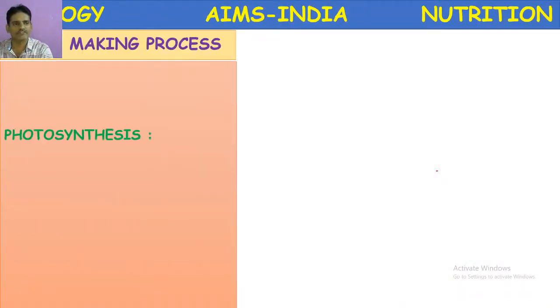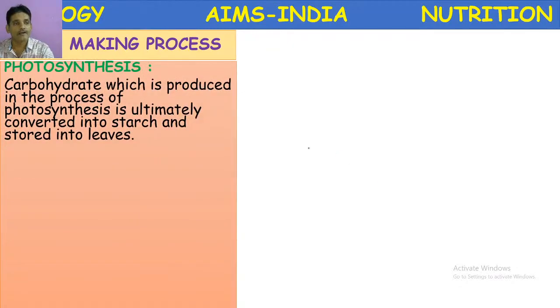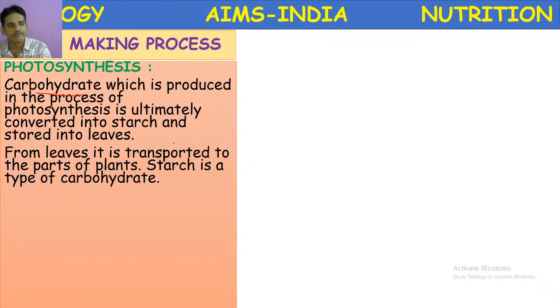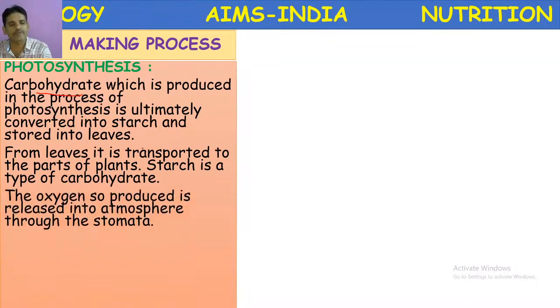Food making process, photosynthesis. The carbohydrates which are produced in the process of photosynthesis are ultimately converted into starch and stored in leaves. From leaves, it is transported to the parts of the plant. Starch is a type of carbohydrate and then it is stored in different parts of the plant.